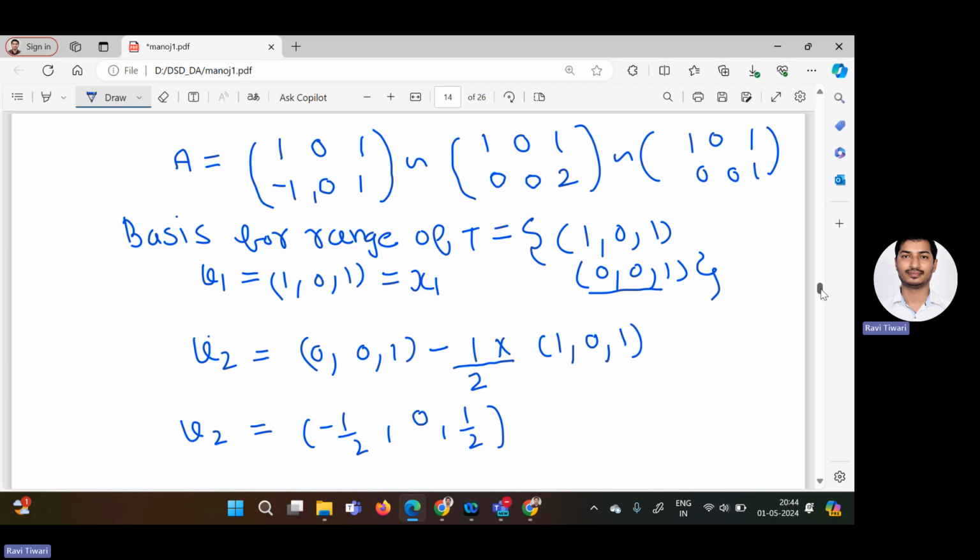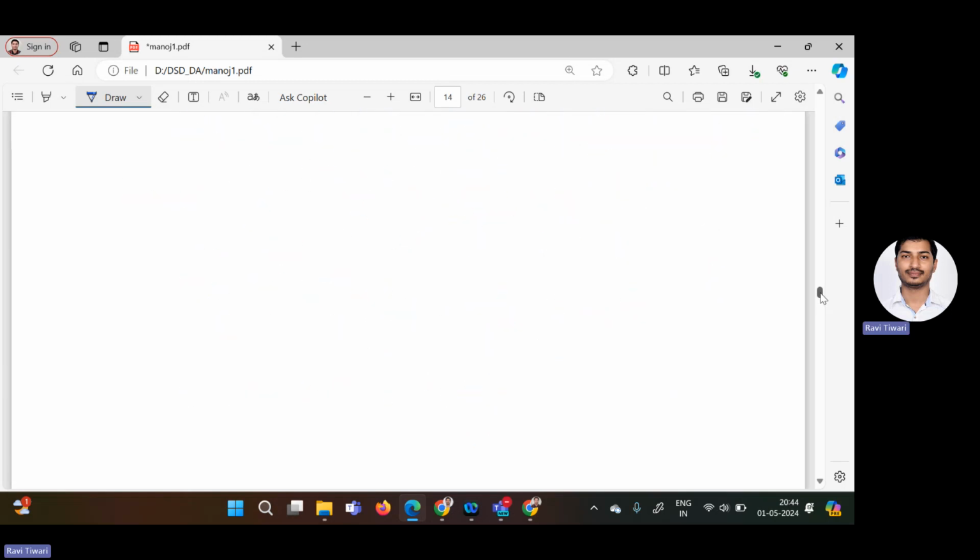So now, the next topic is how to calculate the matrix of an inner product space.